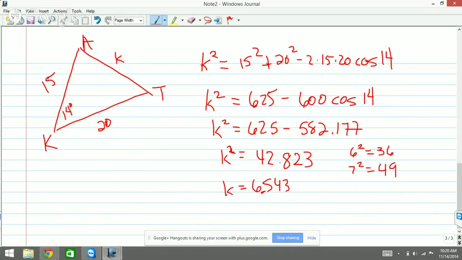So if you add 6, you get 42, and if you add 6 again, you get right around 49. So right there in the middle somewhere is 6.5. That's what I would guess. It's just a little strategy I use. Are we good?